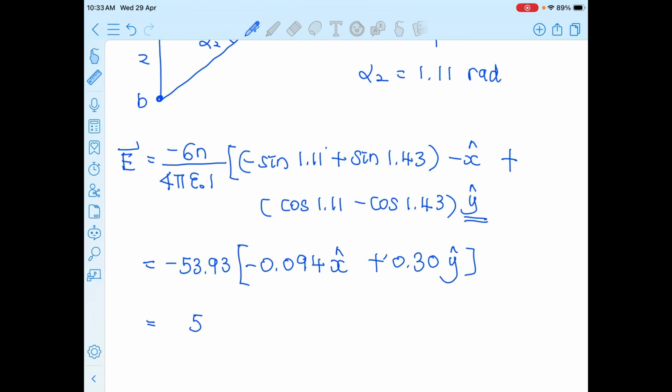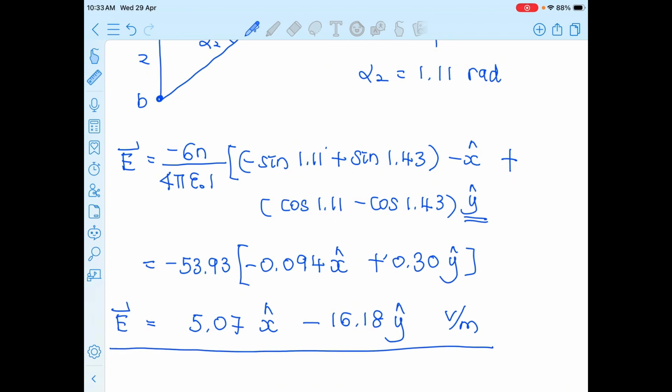So here is 5.07 x minus 16.18 y. So this is the electric field at the position P.